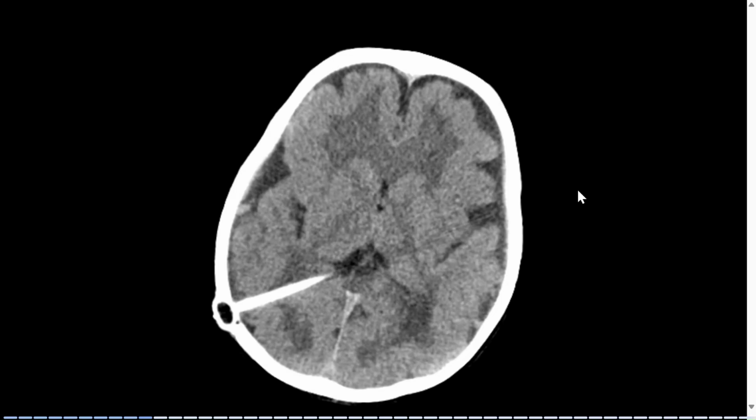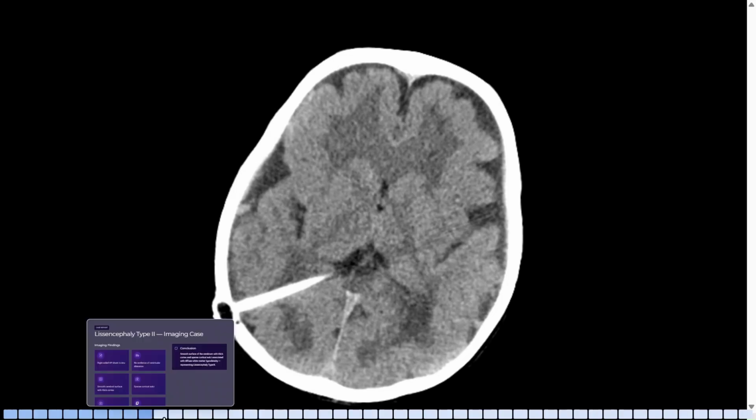We can see a VP shunt on the right side, and there is not much ventriculomegaly, and the hourglass appearance is still there. So what is this?